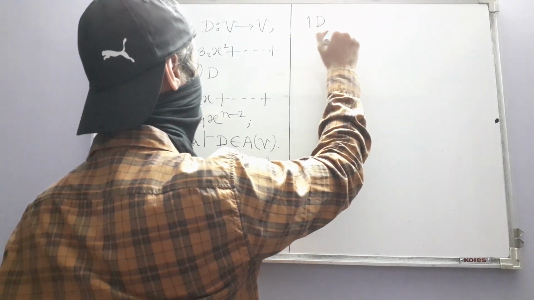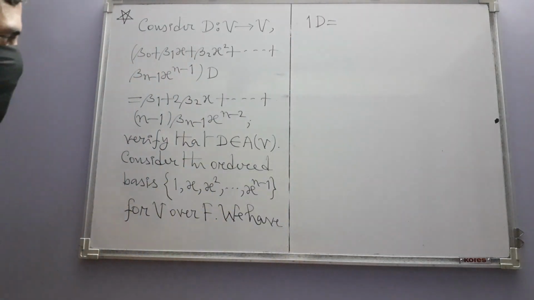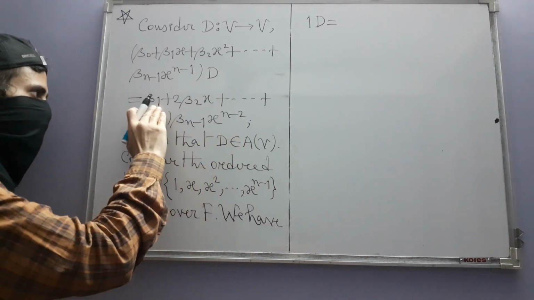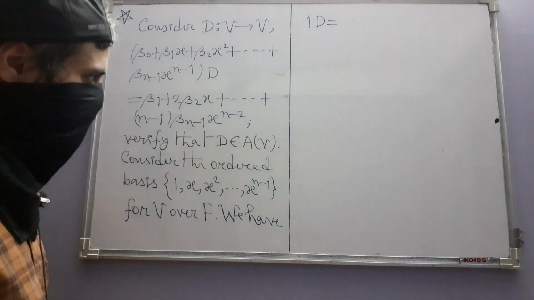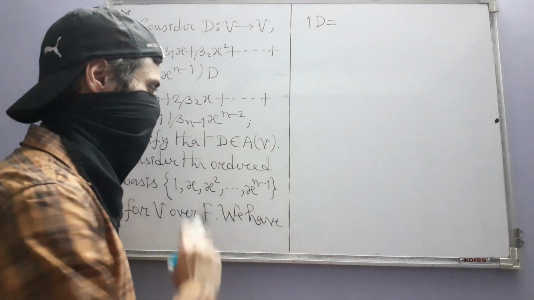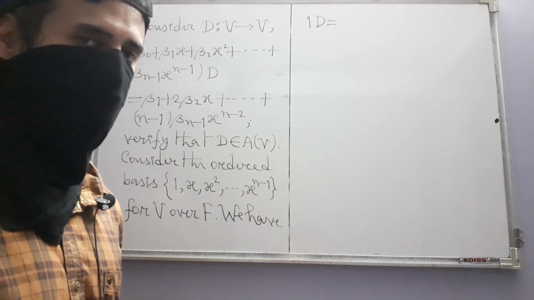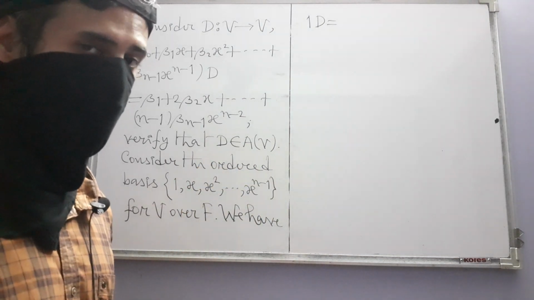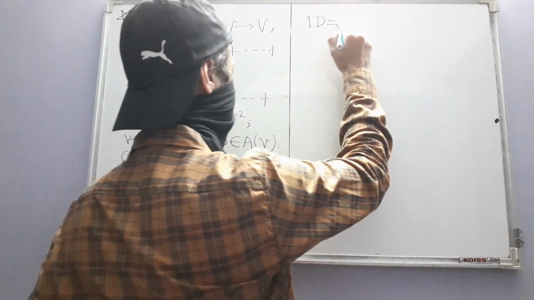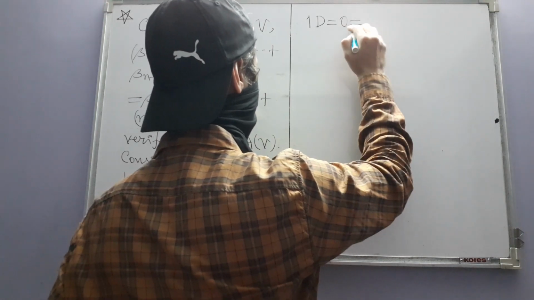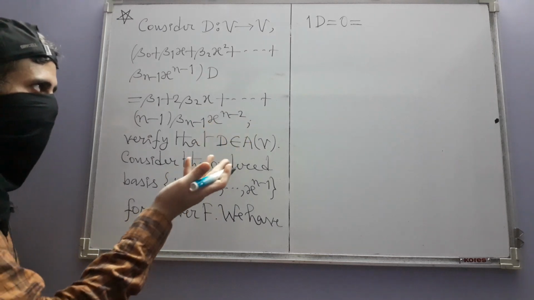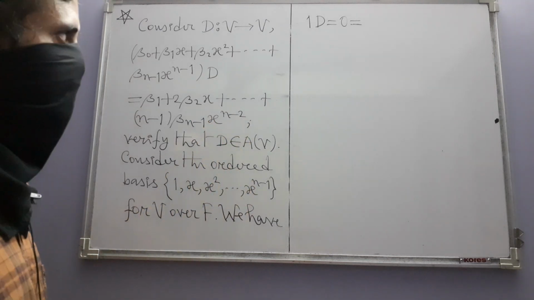You see, no need to remember this definition exactly. You just remember that D is the differentiation operator. That's it. And then you use your ordinary things that you know from calculus. So this is 0. By definition also it is 0, and actually we also know that it becomes 0 because 1 is constant.